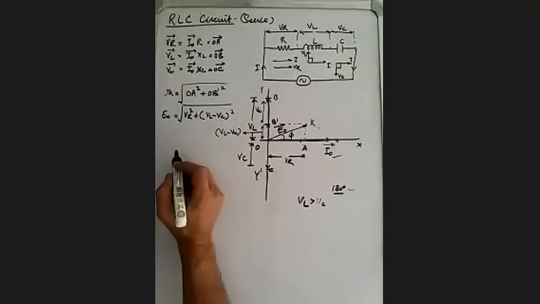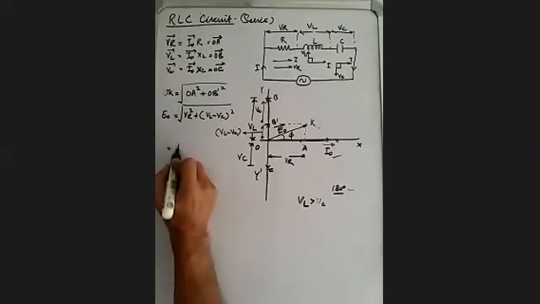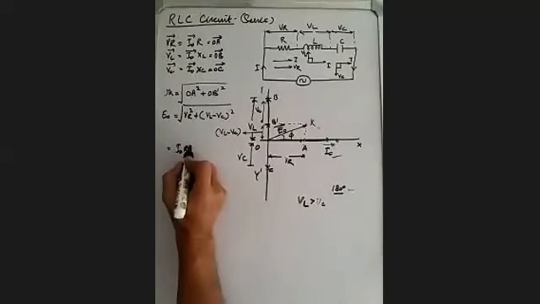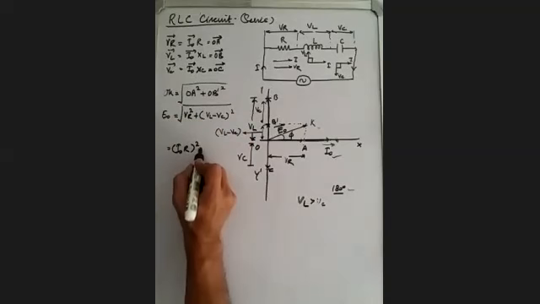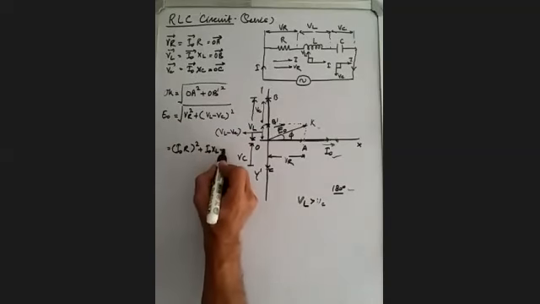Now put the value of VR, which is I naught R, so (I naught R) whole square plus (I naught XL minus I naught XC) whole square under root.